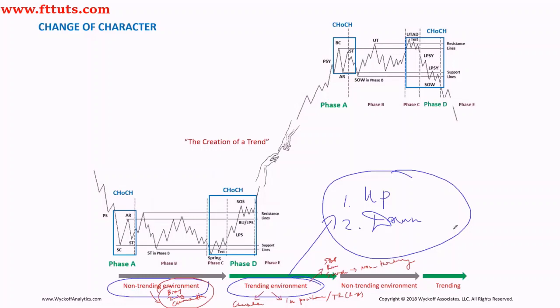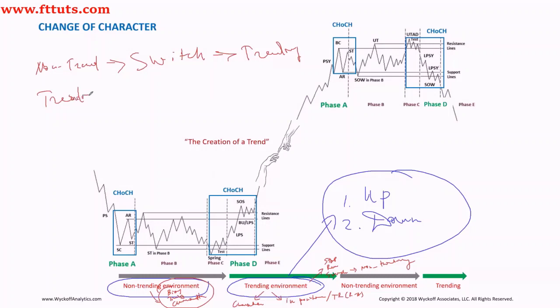Having said this, the main thing between these two environments is that switch that I already mentioned. So we want to see a non-trending environment, then we want to identify some kind of switch which would lead us to a trending environment. We want to do this in reverse as well.